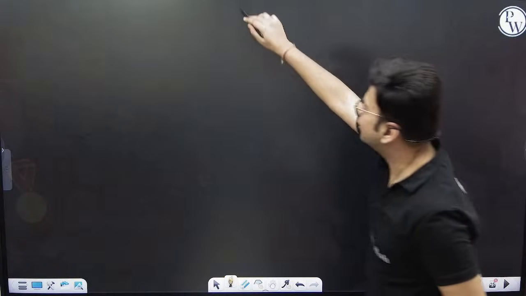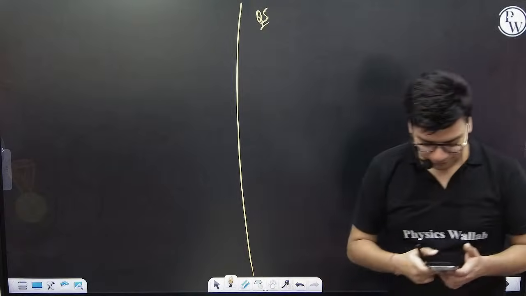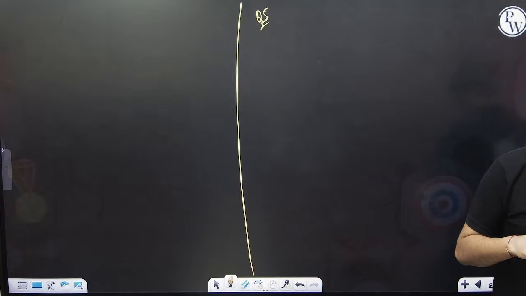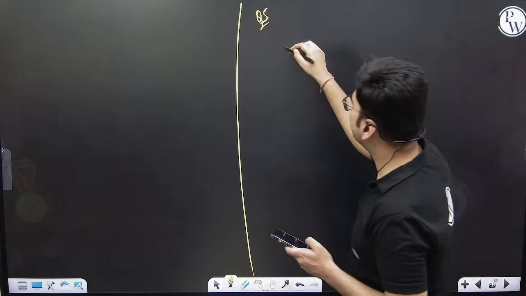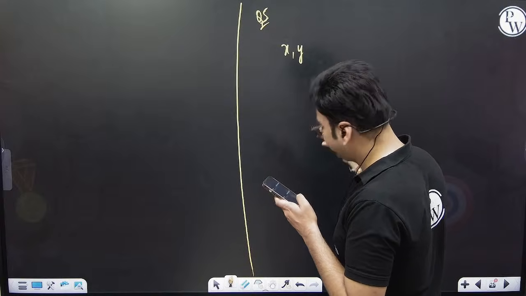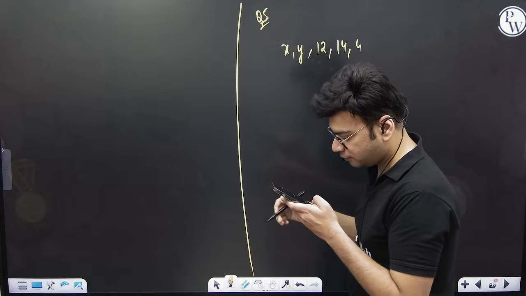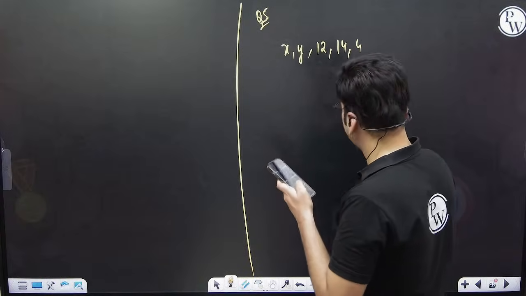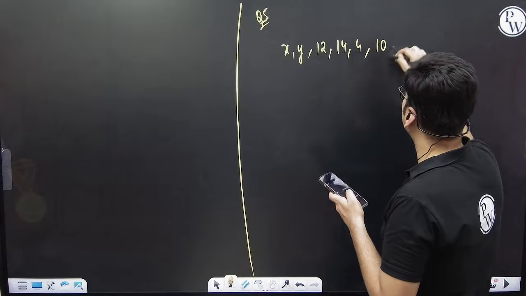Let's take the fifth question. So x, y, 12, 14, 4, 10, 2.